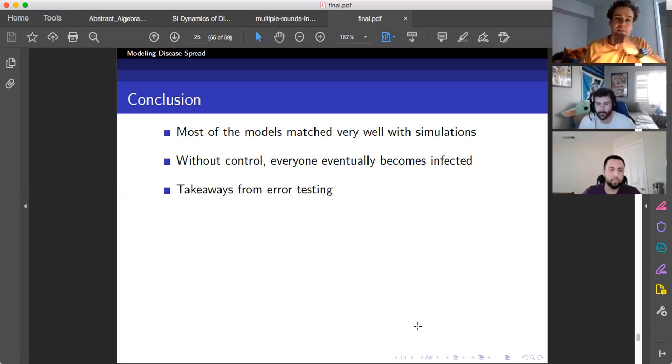So the takeaways from error testing: the number of simulations run doesn't really matter in terms of getting that root mean square error to converge towards 0. But what did matter was increasing the number of nodes. And that does make sense.